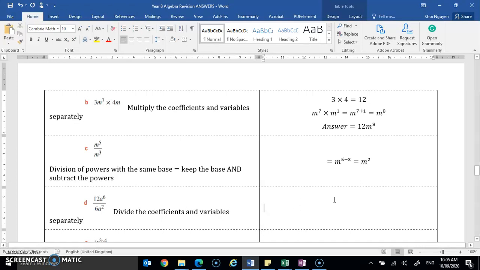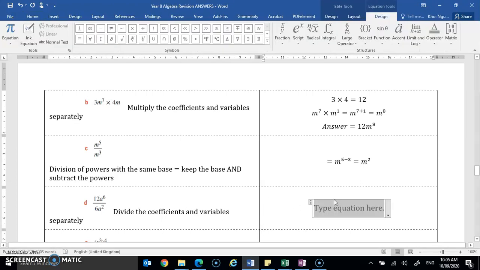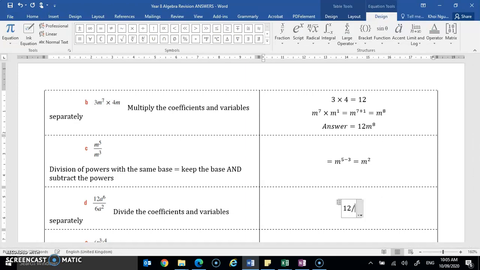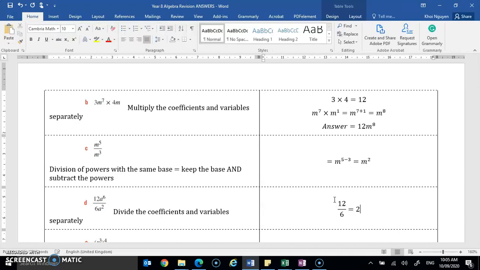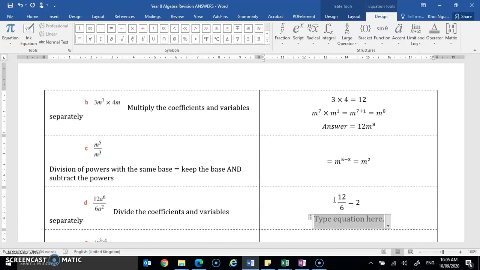So how do we do that? 12 divided by 6, or 12 over 6, is 2. Done. And here we have a to the power of 6 over a to the power of 2.